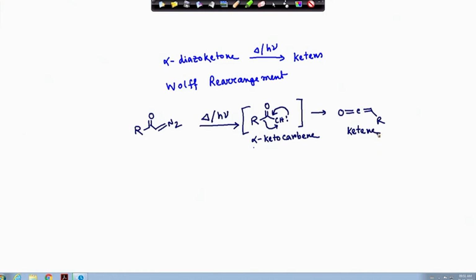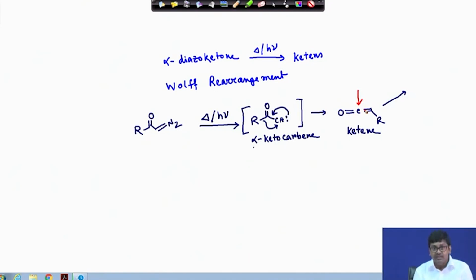So, we are starting from this alpha diazoketone and finally generating the ketene. Now, this ketene is ready for different types of reactions; different nucleophiles can attack this center, and once it reacts, it will give different types of products.